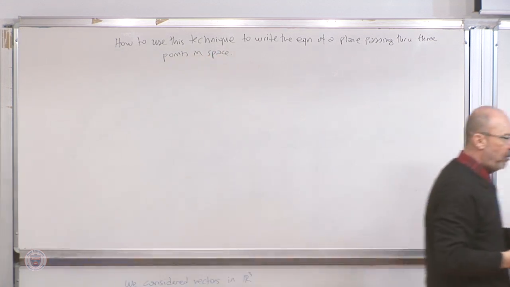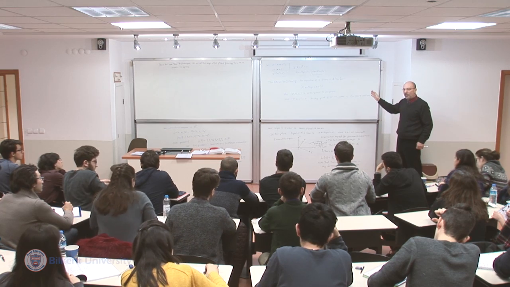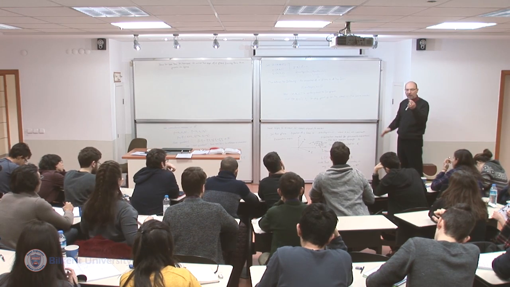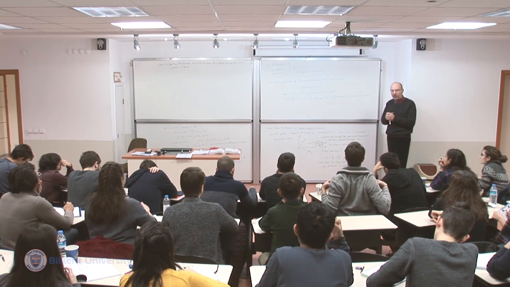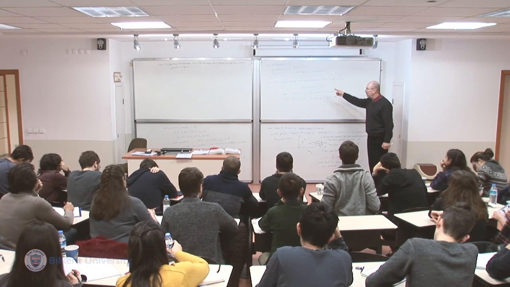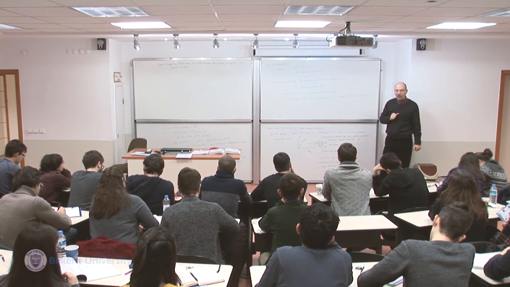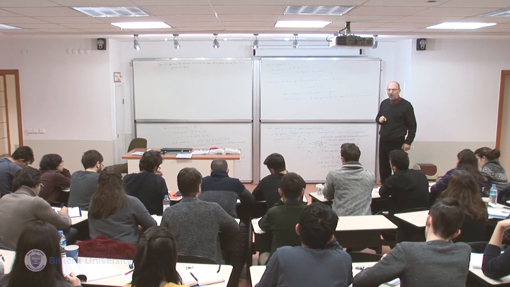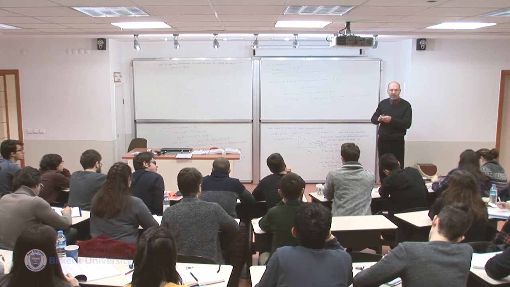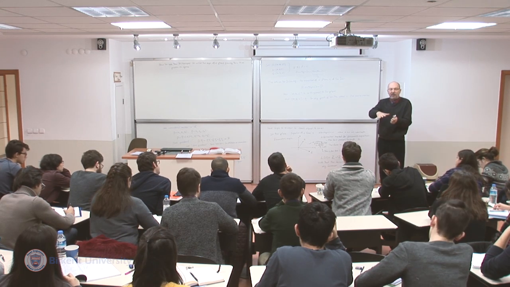Before we panic, because given 3 points in space, it doesn't fit any of this description: our technique says that we want a point on the plane. We have 3 of them, so we will choose one of them. The next piece of information is that we want to find a direction perpendicular to the plane. Since we have 2 extra points, those extra 2 points must give us a direction perpendicular to the plane, because we know that they define a plane.